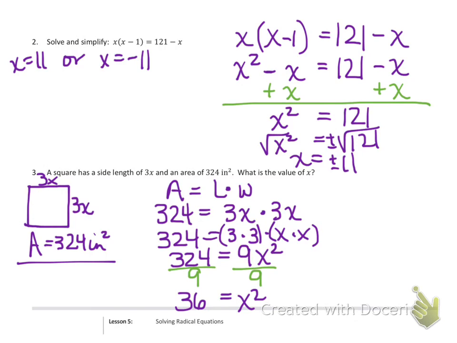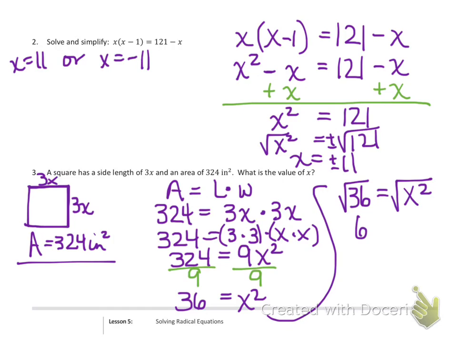So since we're dealing with a geometric figure, we know that there's not going to be a negative solution. So I'm going to continue this up here. I'm going to say that the square root of 36 would equal the square root of x squared. Square root of 36 is 6.